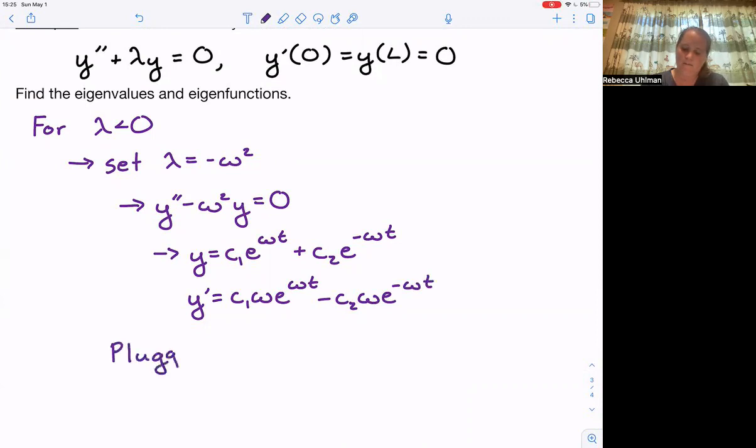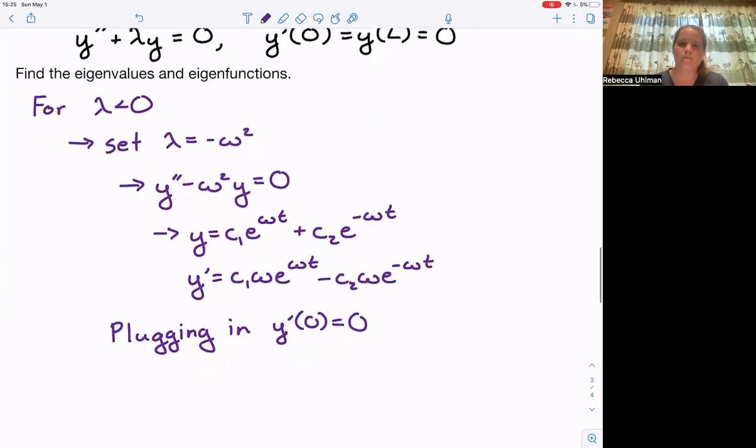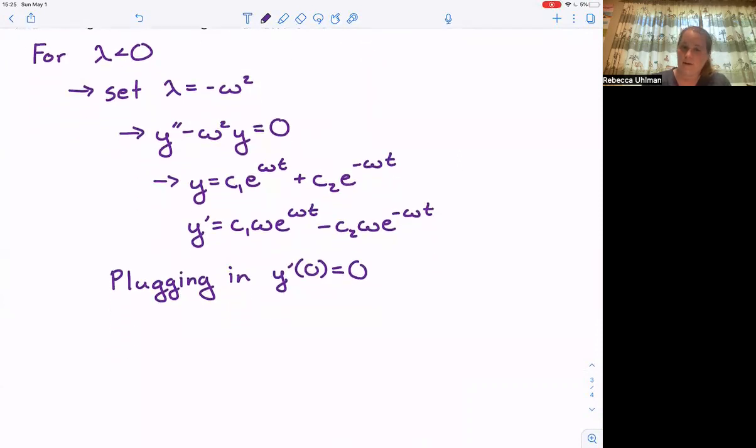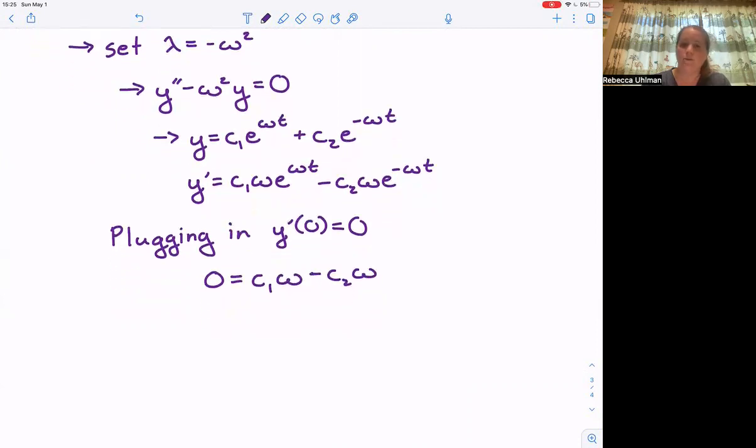Plugging in y prime of 0 equals 0, we get 0 is equal to C1 omega minus C2 omega, which essentially boils down to C1 minus C2 equals 0.